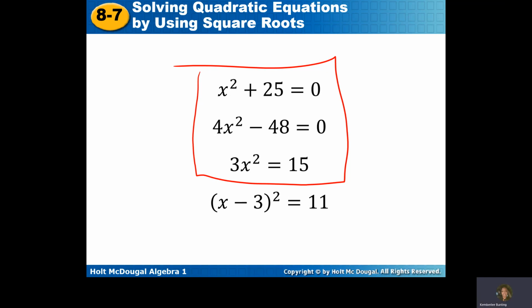But when they're in the previous three formats, you will use square roots.